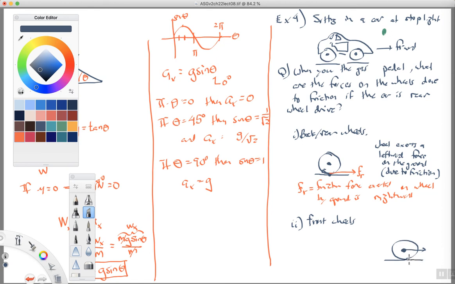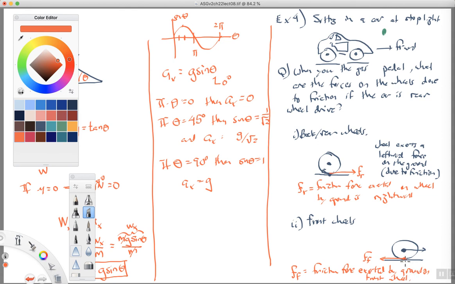And so what happens is the frictional force exerted by the ground on the wheel tries to prevent this sliding to the right of the wheel. And so as a result, there is a friction force exerted by the ground on the front wheel.